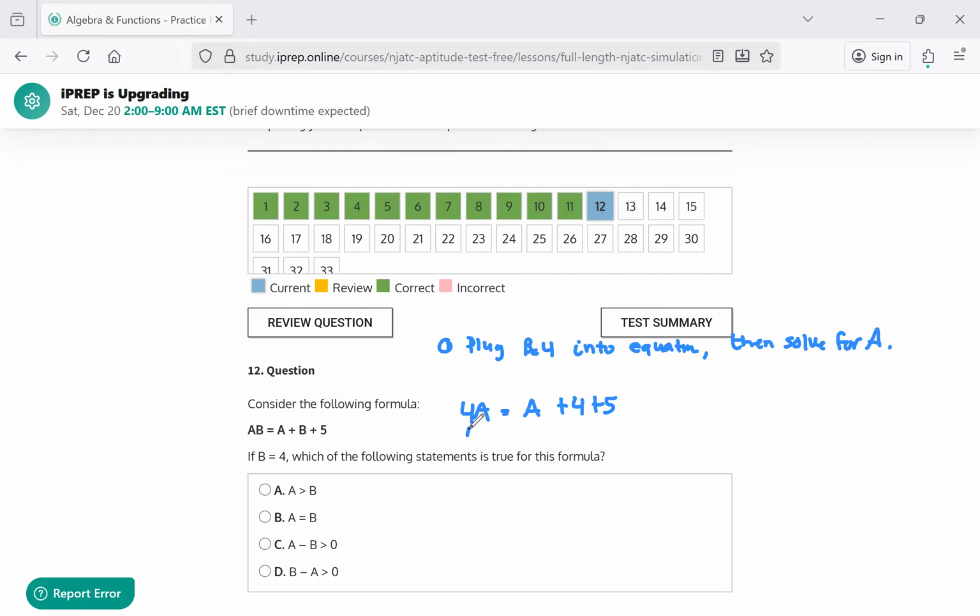So that's going to be 4A equals, 5 plus 4 is 9, so it's A plus 9.